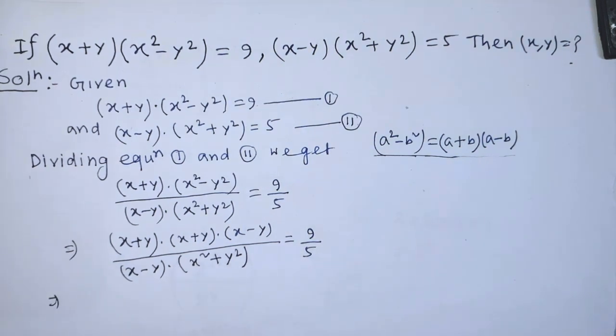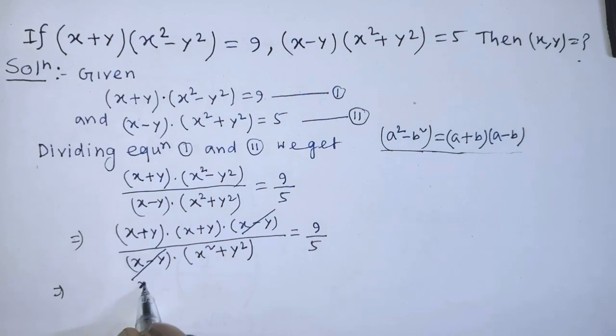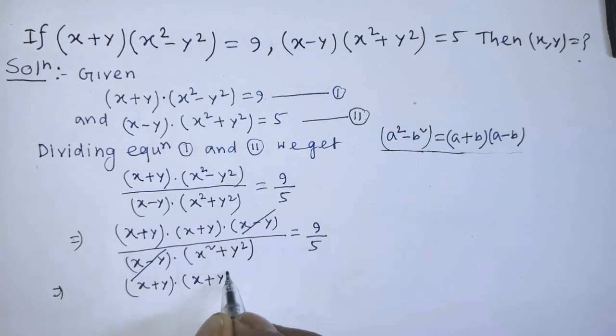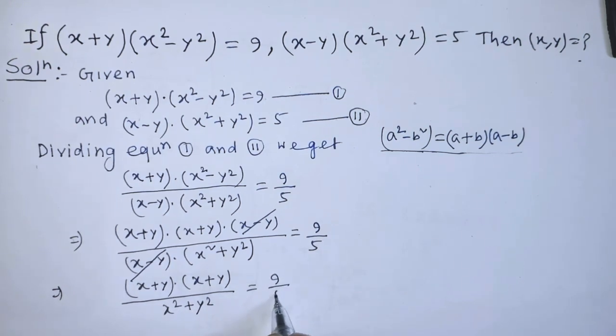So students, on the left hand side we can cancel (x − y) from the numerator and denominator in this fraction. So now we get on the left hand side (x + y) times (x + y) over (x² + y²) is equal to 9 over 5 on the right hand side.